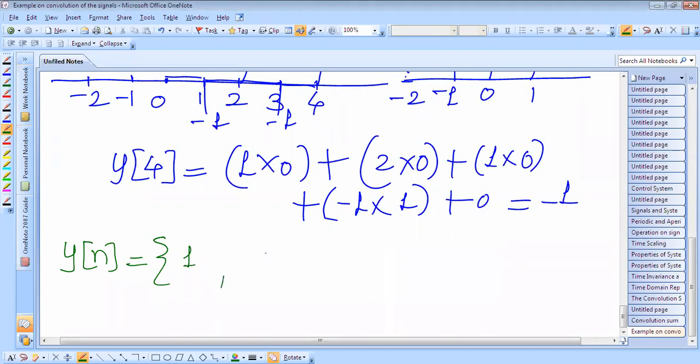For n is equal to -1 it is 1. For n is equal to 0 it is 0. Then for n is equal to 1 it is +1. For n is equal to 2 it is -2, and it is 0, and it is -1. So this is the output.